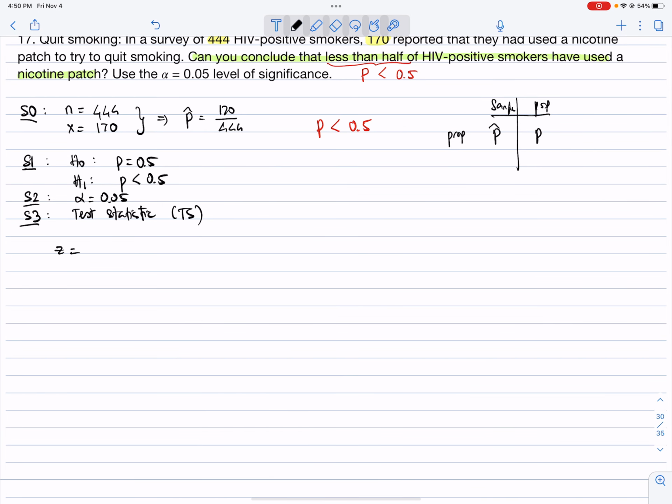For the proportion, we will use the formula P hat minus P naught, divided by the square root of P naught times 1 minus P naught, divided by n. P hat is 170 over 444, minus P naught.